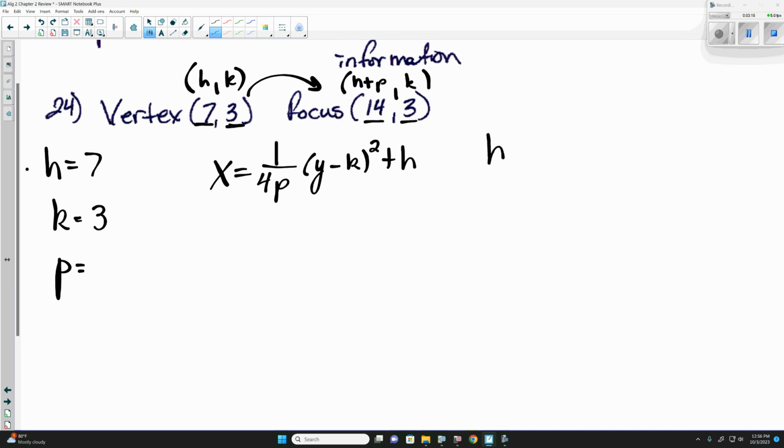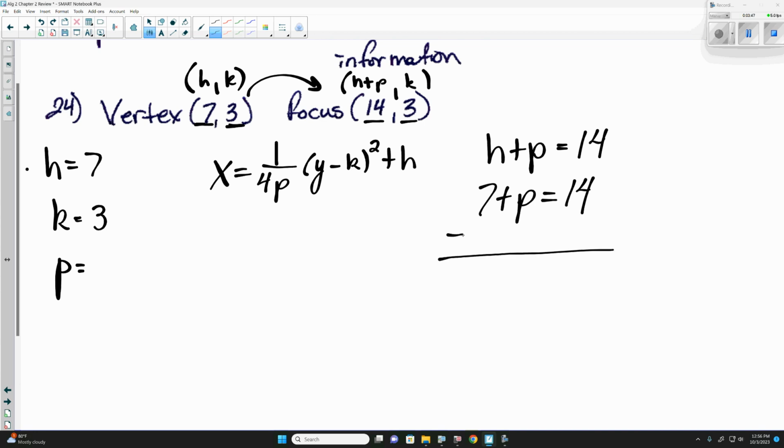Now it's also told us that when we plug the values of h and p into this equation, we should get 14. Well, the h value is 7, so 7 plus p is 14. Just looking at this here, do we know what the value of p is? 7.